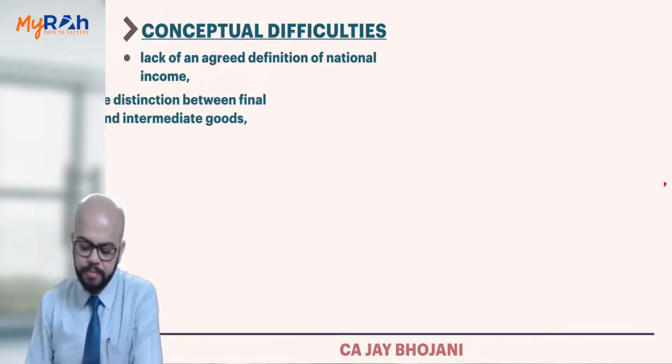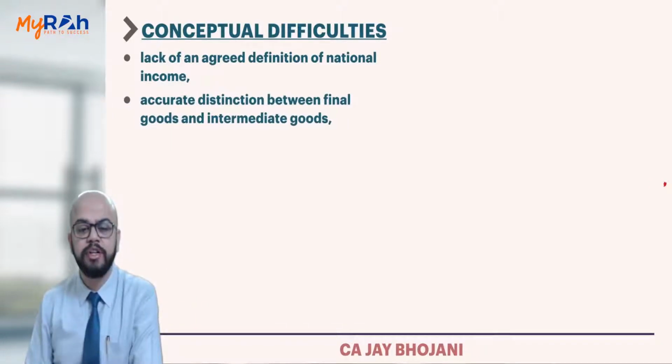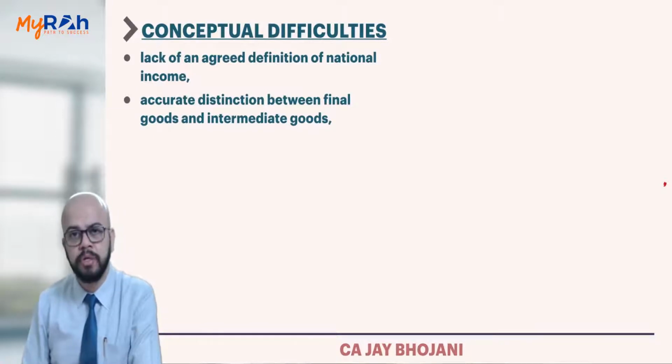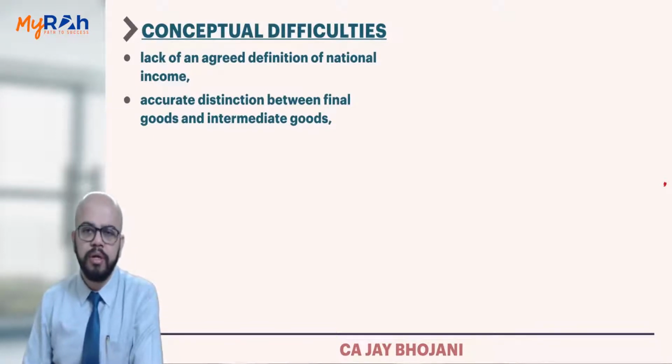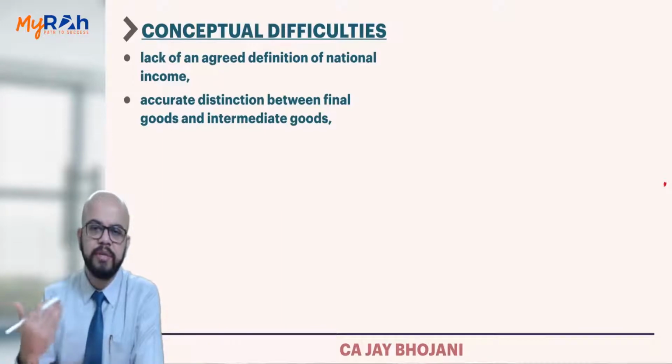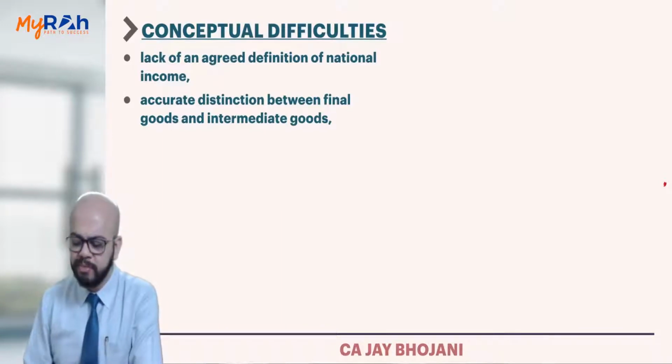Next, there is no accurate distinction between final and intermediate goods. There is often a confusion whether certain goods are final or intermediate. It becomes difficult at times to identify.